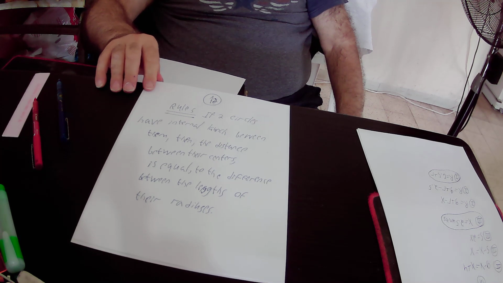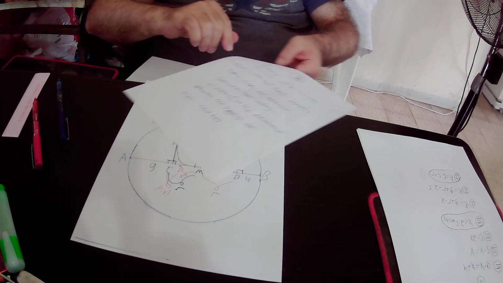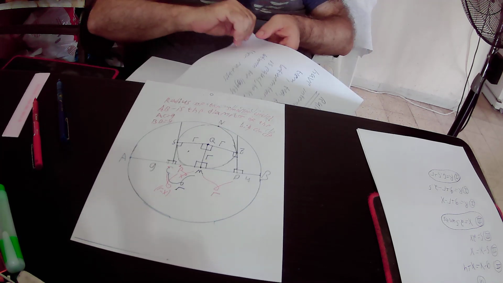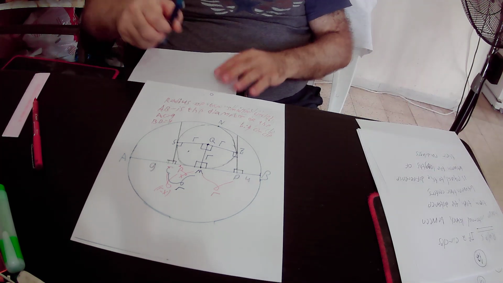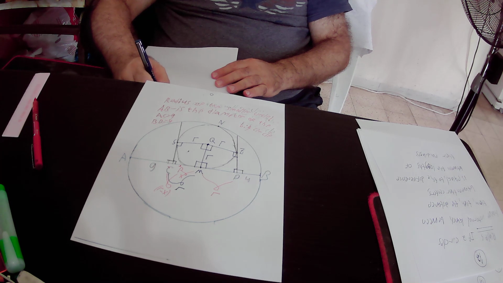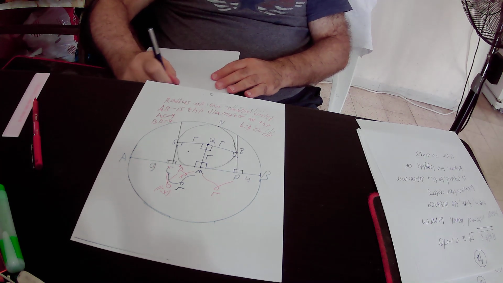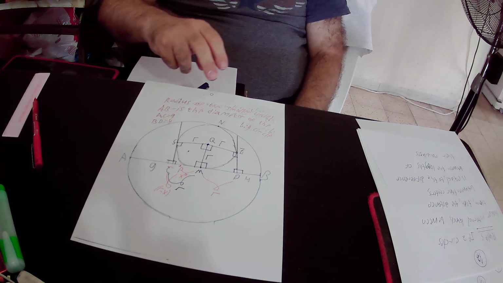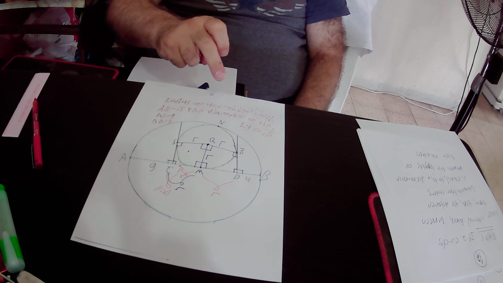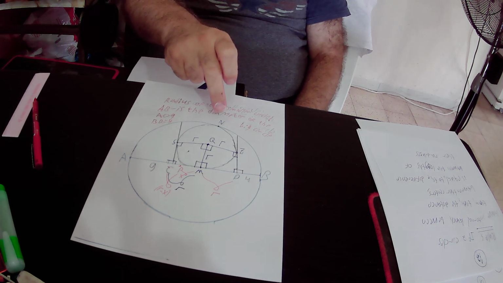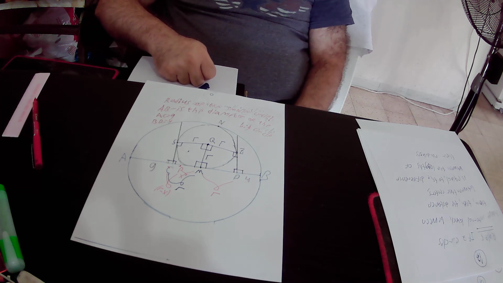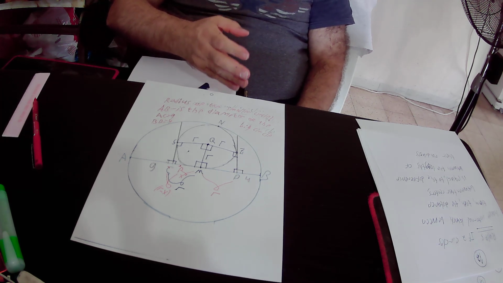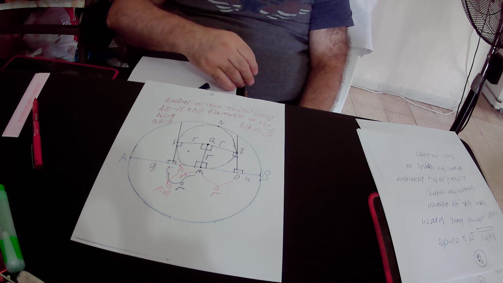So we can implement rule number 5 in our circles. We have here two circles with internal tangency between them at point N. They touch each other internally at point N. So we can implement rule number 5 in these two circles.